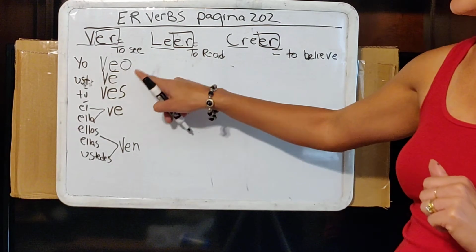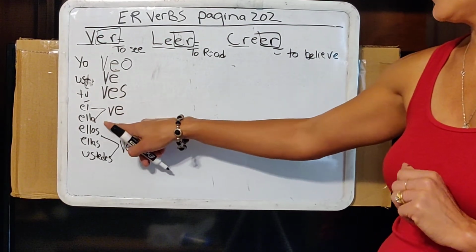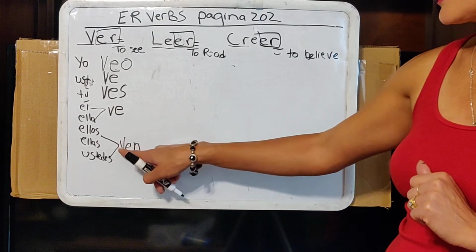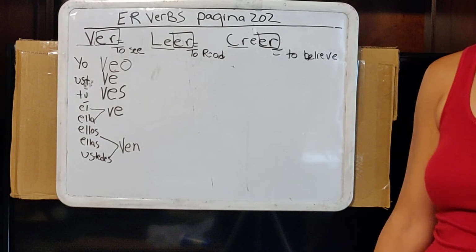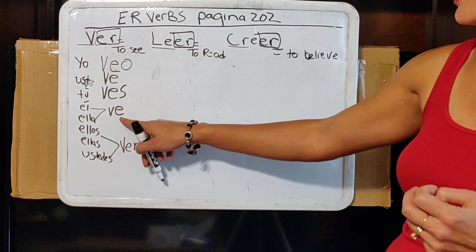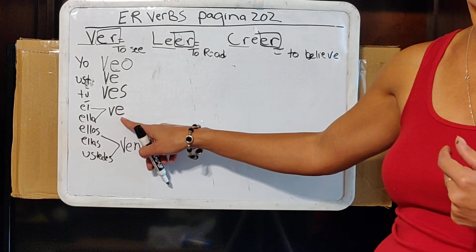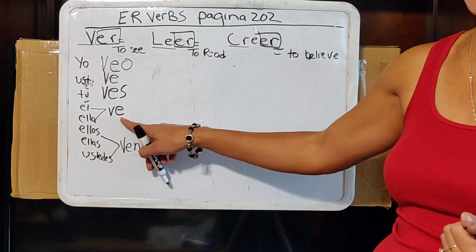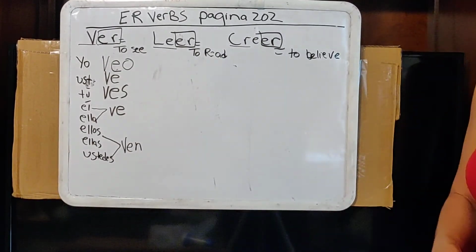Yo veo, usted ve, tú ves, él, ella ve, ellos, ellas ven. Recall, these are plural, these are singular. So if you had a singular subject that was not a pronoun, you would still say it with the ve. So, el profesor ve la televisión. So the professor sees the TV. Okay? All right, let's move on to leer.